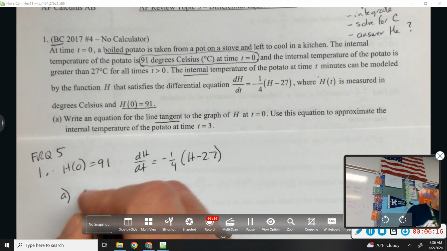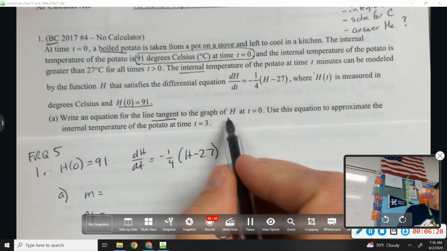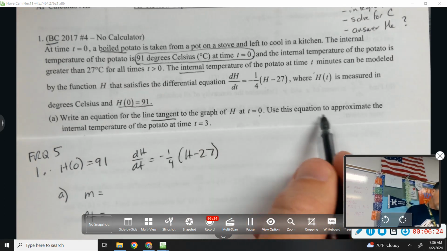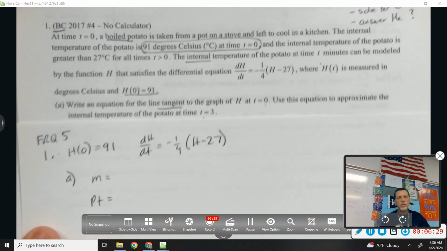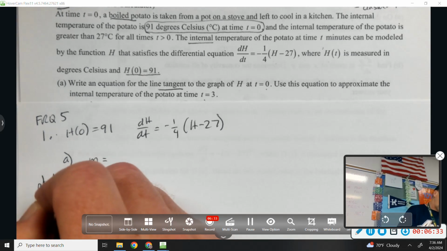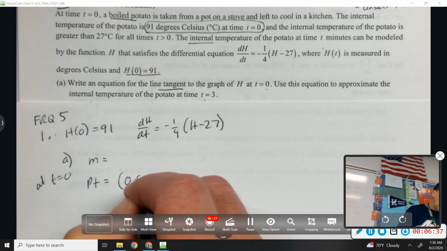So a tangent line, I'm already thinking I need slope and a point at time 0. Use this equation to approximate the internal temperature of the potato at time 3. Okay, so I need a slope and a point at time 0. Well, at t = 0, they already gave me that one: (0, 91).